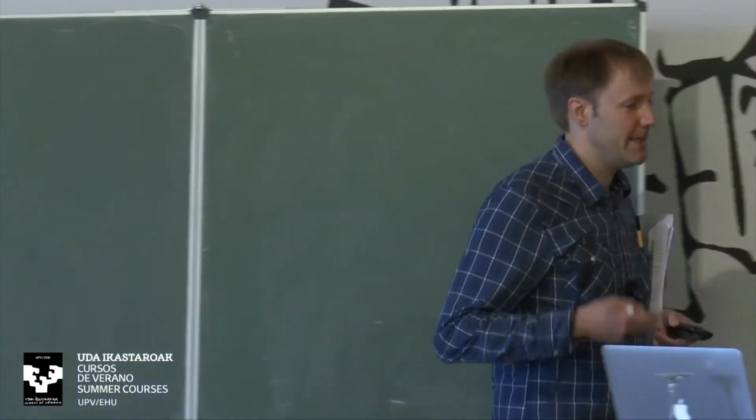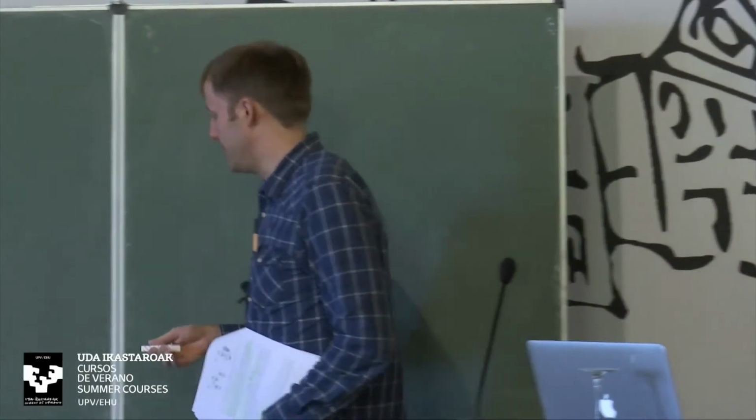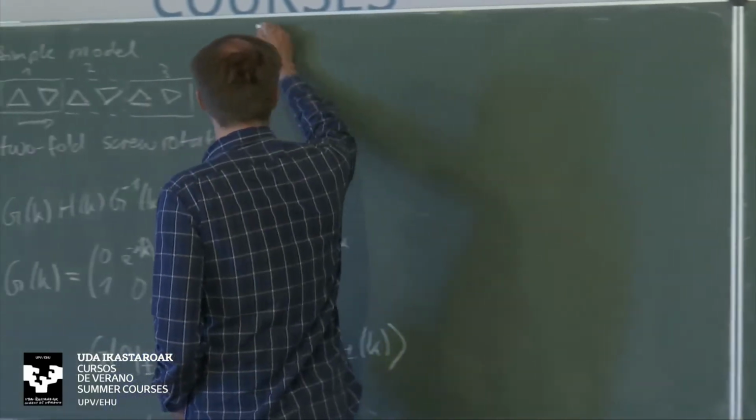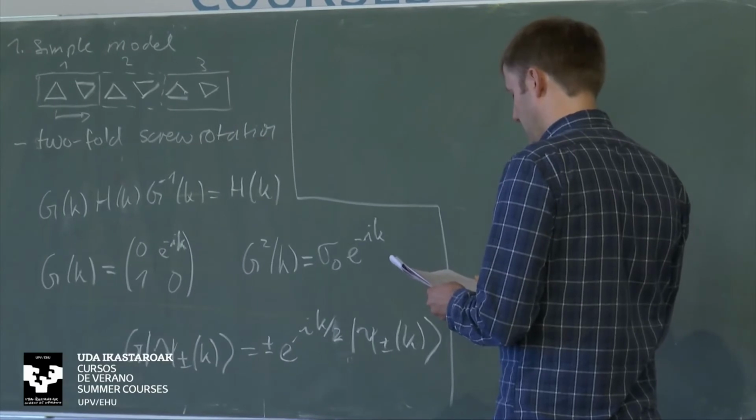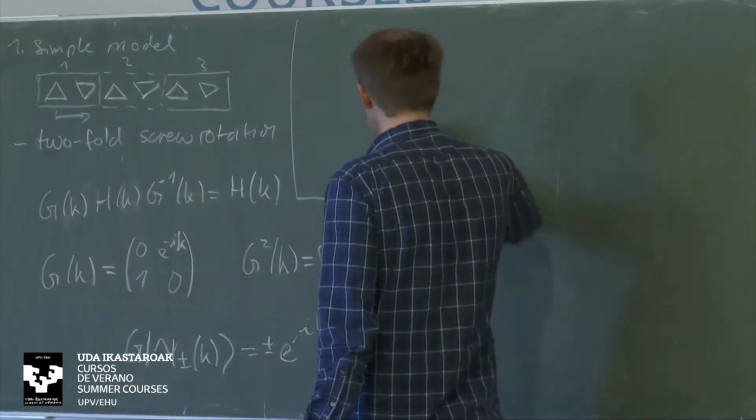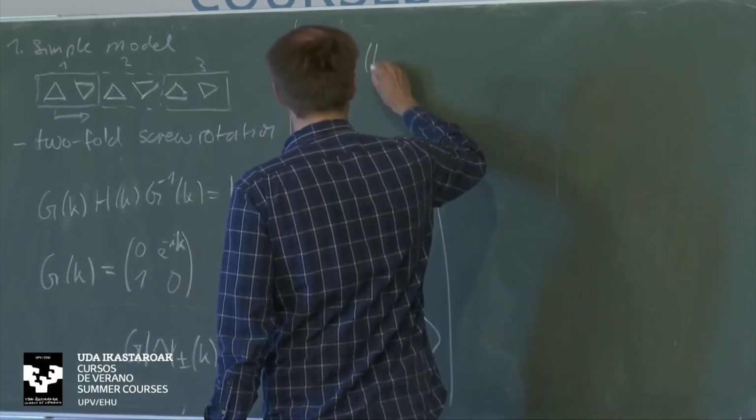Okay, so this is basically a simple heuristic argument why you must have a band crossing, but you can also prove this with more mathematical rigor. And that's what I'm going to sketch now briefly. And so the argument goes as follows. So basically, this Hamiltonian is a 2 by 2 Hamiltonian.